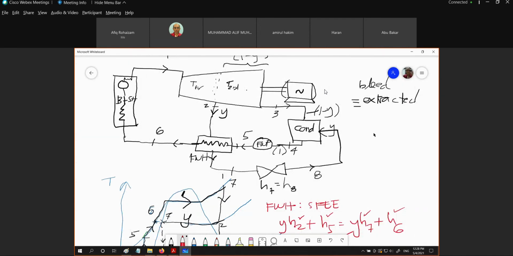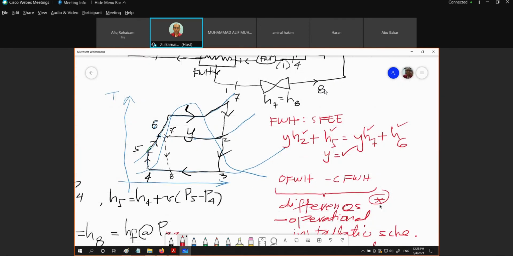Just need to recap. The flow rate from this point to this point is 1. From this point to this point is 1 minus Y, in the condenser is 1 minus Y. From this point to this point is already mixed, this is 1, and from here to here this is 1.